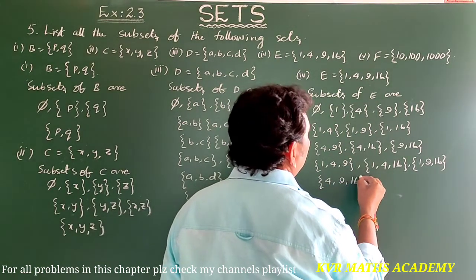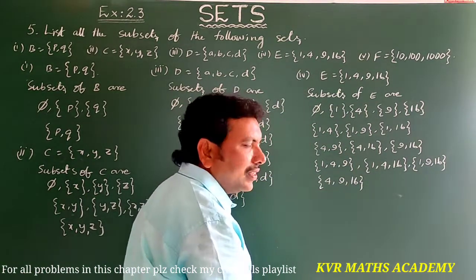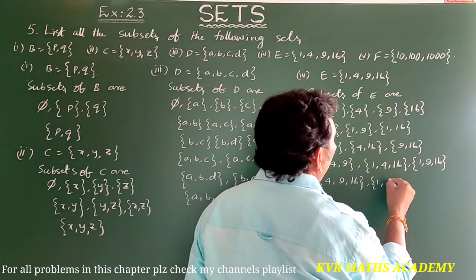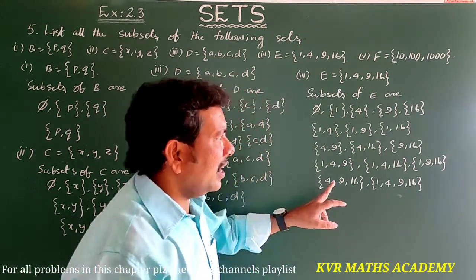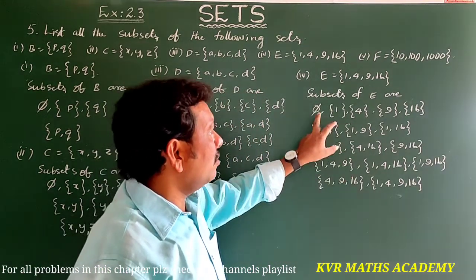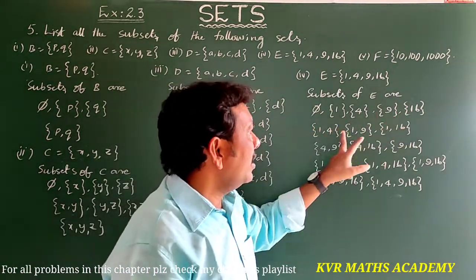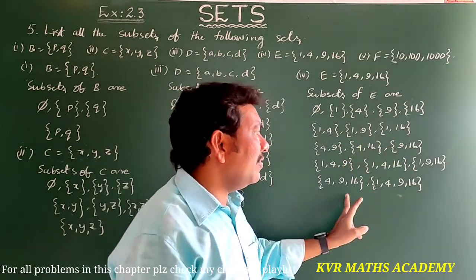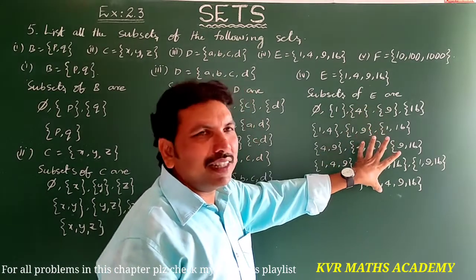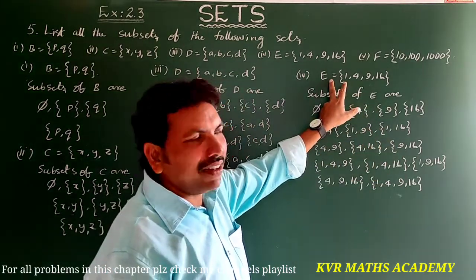And finally, set of 1, 4, 9, 16. Have 16 come or not? Let us count. 1, 2, 3, 4, 5, 6, 7, 8, 9, 10, 11, 12, 13, 14, 15, 16. So these are the subsets of set E.